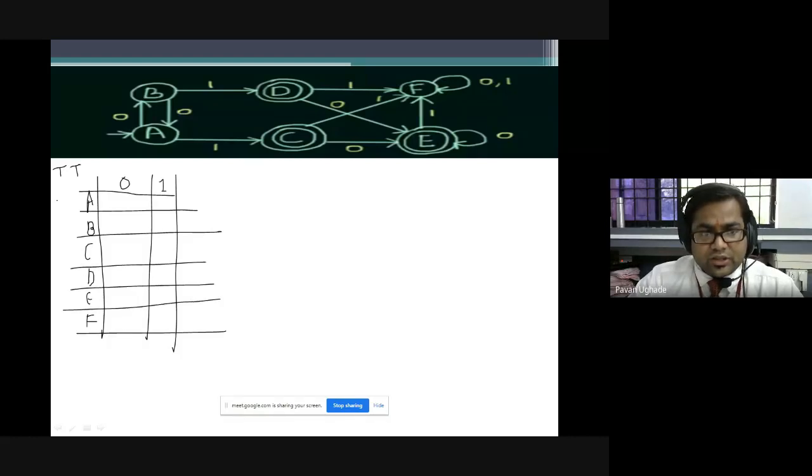Give the initial state. A was the initial state. Which are the final states? The final states are C, D, and E. Now give the transitions.